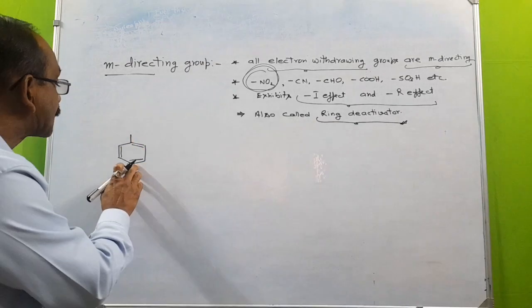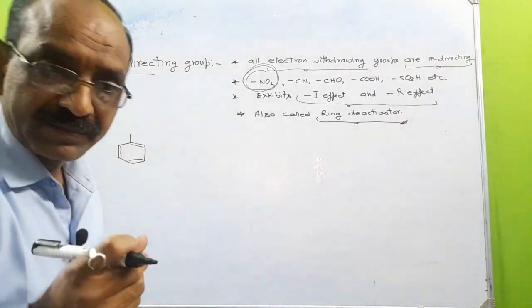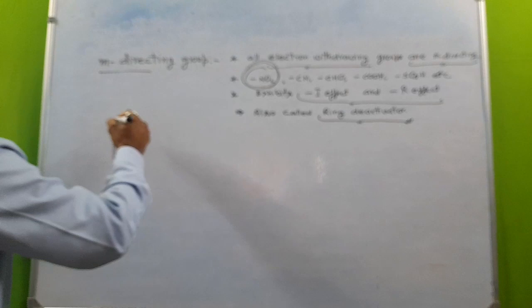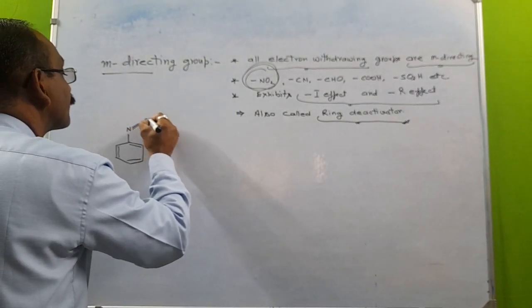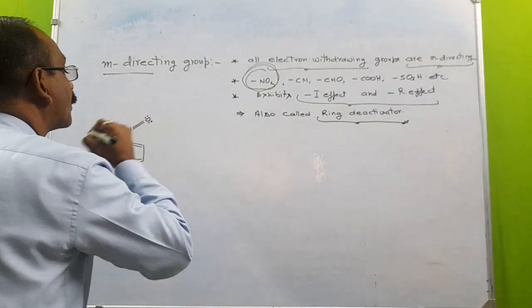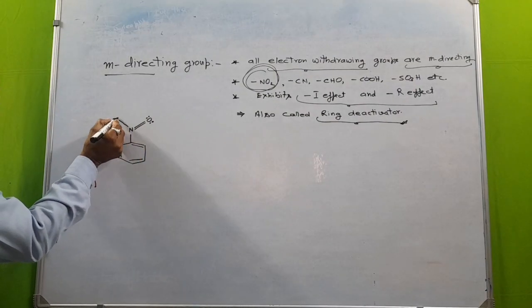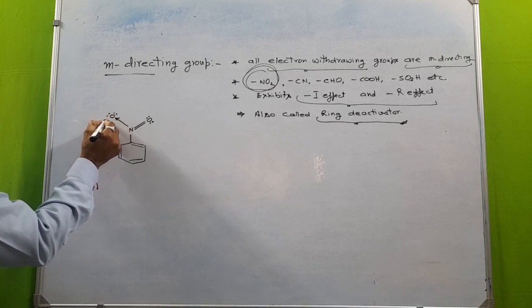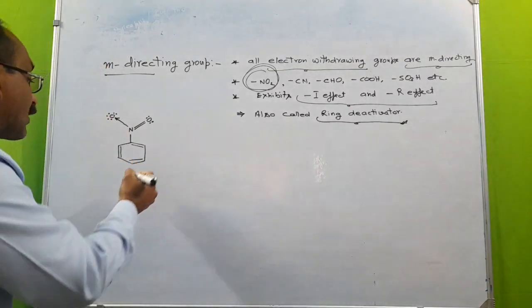In order to explain the directive influence, I am taking one of the Kekule resonating structures, and in the NO2 group there is a double bond between the nitrogen and oxygen, and another oxygen remains linked with the nitrogen by a coordinate bond, and this one is nitrobenzene.